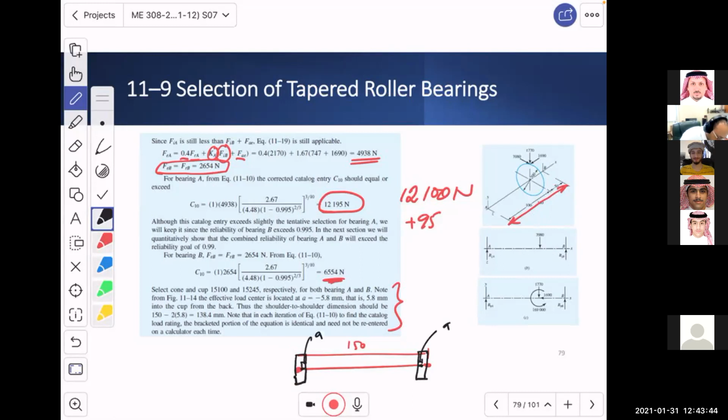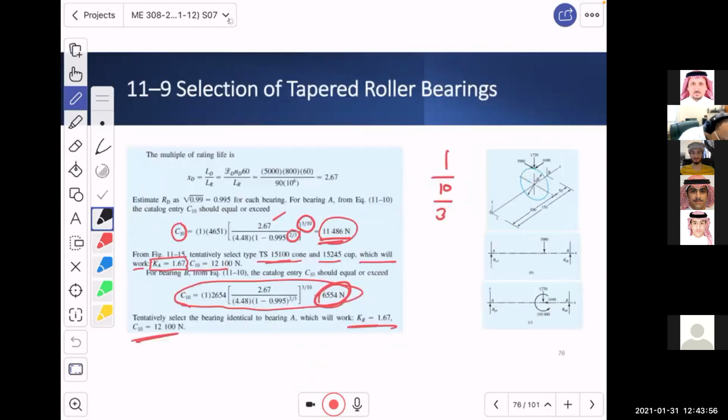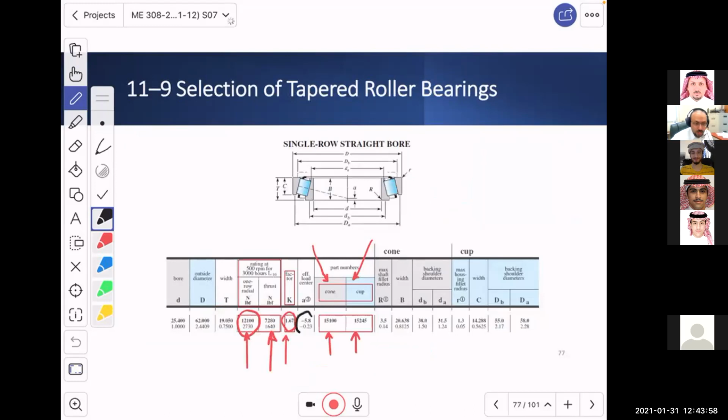So in here it says that from this 150, you will take 5.8 twice. A is where? Let me show it to you. That's the A. Do you see that? In millimeter and in inches. So it is negative. Why is it negative?